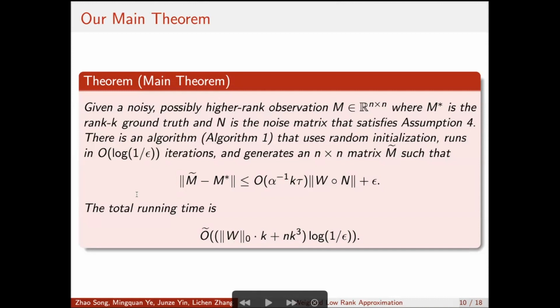Given a noisy, possibly higher rank observation M, which is an n by n matrix, where M star is the rank K ground truth and N is the noise matrix that satisfies the assumptions, there is an algorithm, namely the algorithm in the previous slides, that uses random initialization, runs in O of log 1 over epsilon iterations, and generates an n by n matrix M tilde, such that the spectral norm of M tilde minus M star is less than or equal to O of epsilon to the minus 1 times K times tau times the spectral norm of W circle with N, plus epsilon. The total running time is as follows.